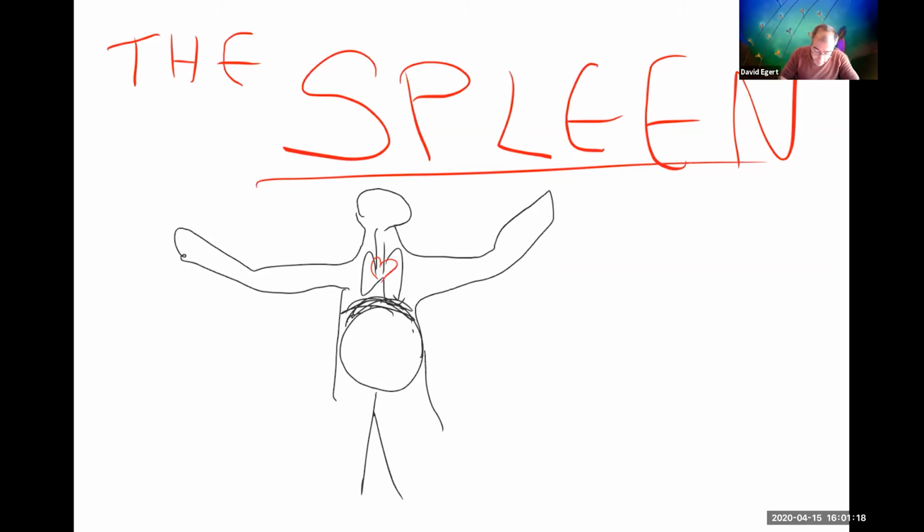The spleen is located right up here, in the upper left-hand corner of your abdominal cavity, up against your diaphragm. You've got a big splenic artery entering in, and you have a splenic vein leaving.